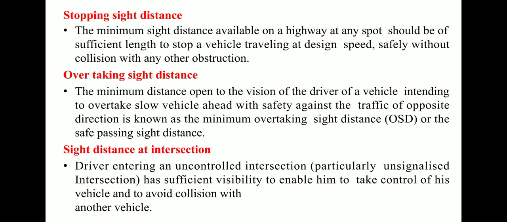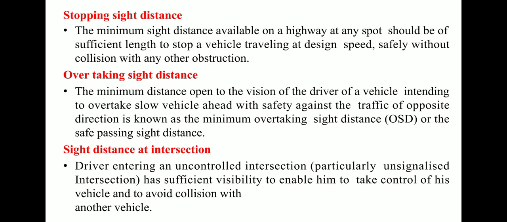It means if you stop behind another vehicle, there should be sufficient space between the two vehicles so that collisions can be avoided. Overtaking sight distance: the minimum distance open to the vision of a driver intending to overtake a slow vehicle ahead with safety against traffic of the opposite direction is known as the minimum overtaking sight distance or the safe passing sight distance.